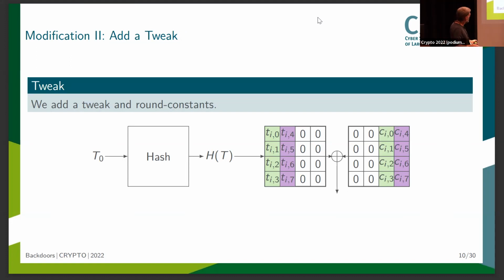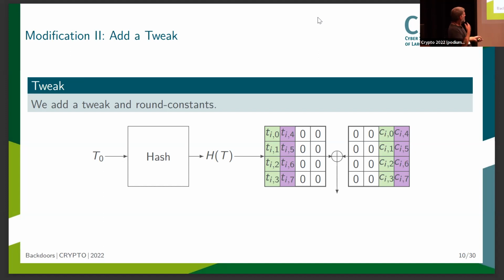You hash it, and then you get as an output a string which is just long enough. Imagine this is long enough, meaning that for each round we take 64 bits, 2 columns of this hash, as the round tweak. And the remaining columns of the round tweak are just 0 all the time.